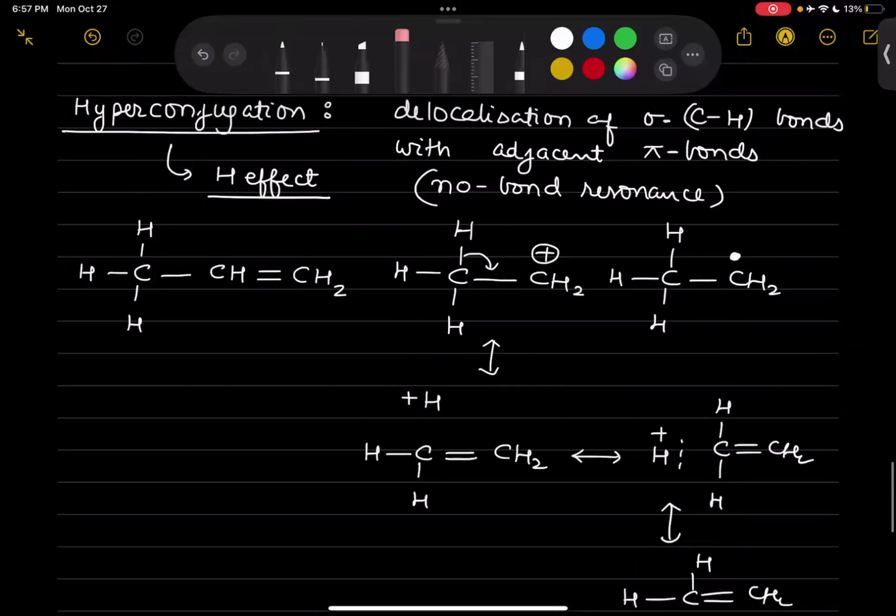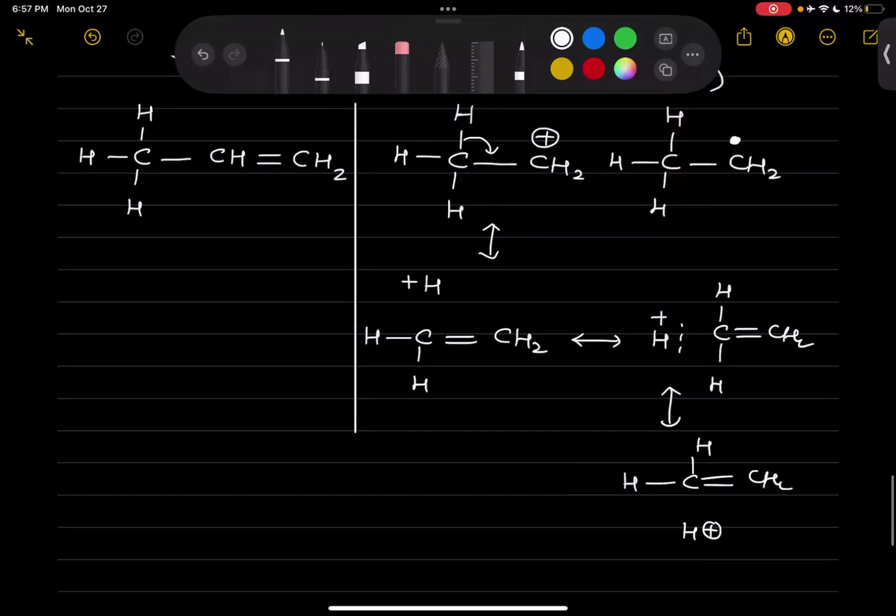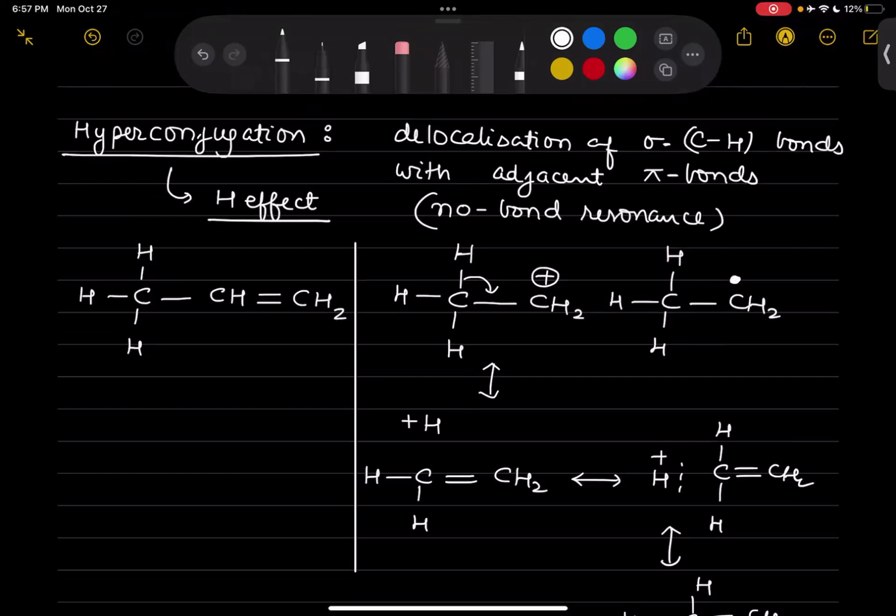Hyperconjugation is exhibited by cations. It is exhibited by alkenes also.